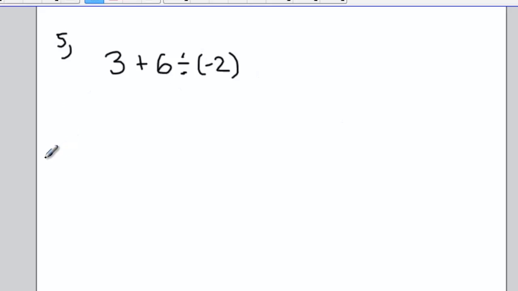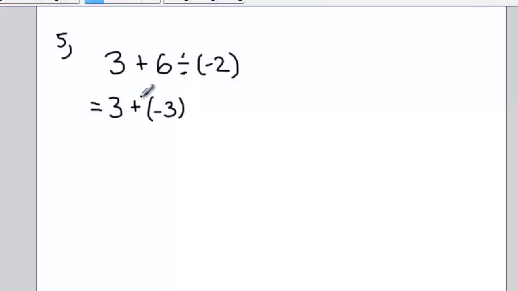Last question. 3 plus 6 divided by -2. Again, we start by solving the division. So we had 3 plus 6 divided by -2, when we have a positive divided by a negative, so that ends up being -3. As we're working through this question, I have 3 plus in brackets, -3.